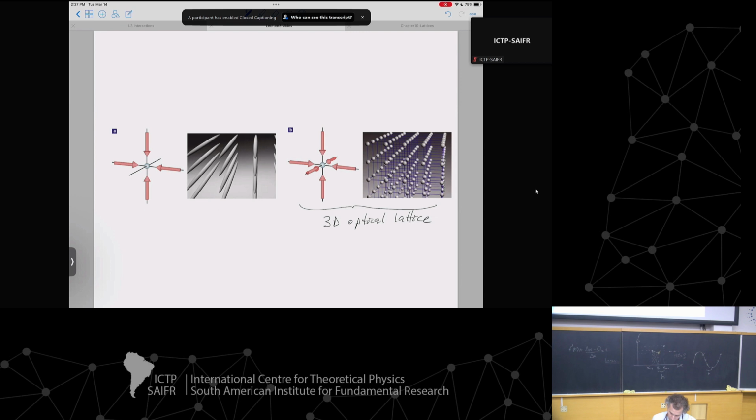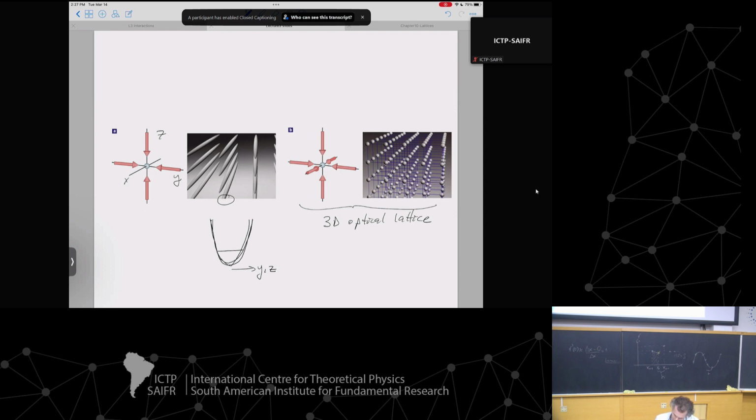Then for each of these clouds, for every one of these sites, it'll look like a harmonic oscillator confining potential in, let's say, if I label this, the y and the z direction. I guess I should label y, x, z for a right-handed coordinate system. And so if I'm looking in the y or the z direction, I have some kind of simple harmonic oscillator potential in this deep lattice.